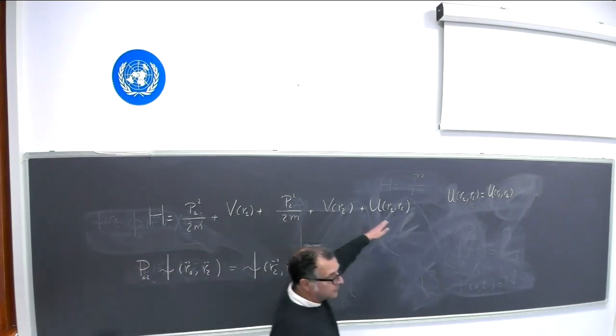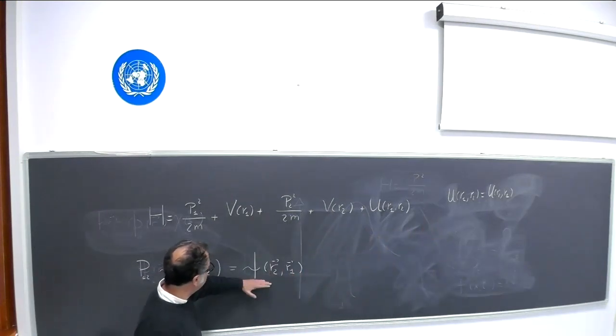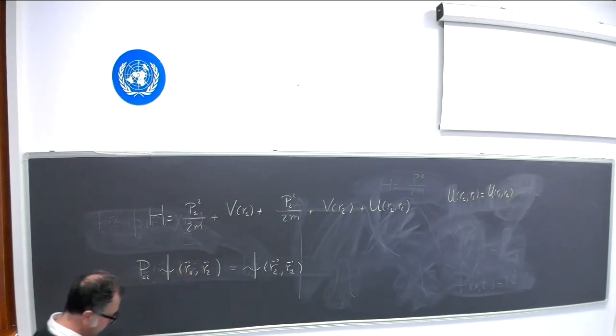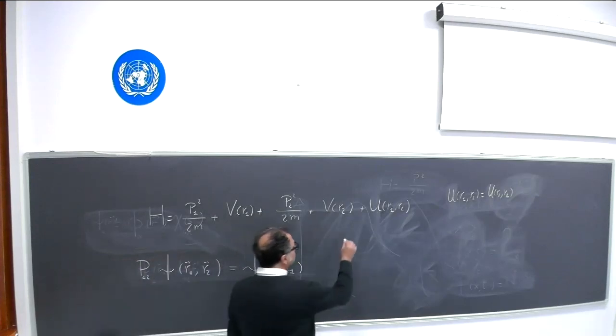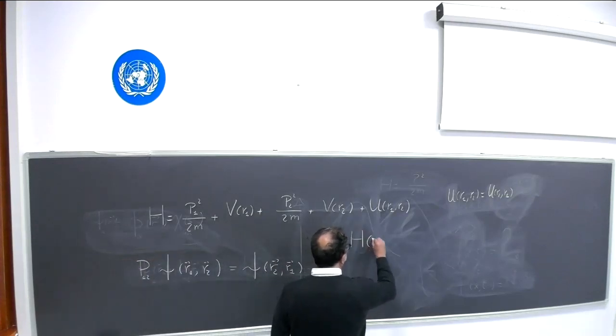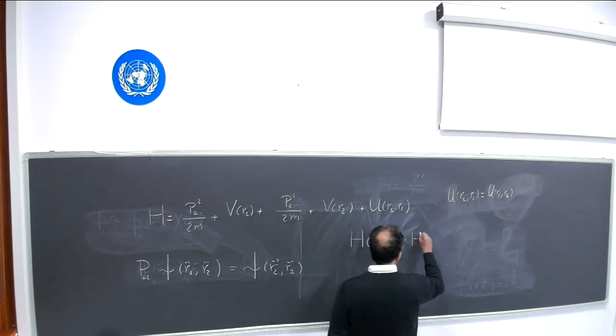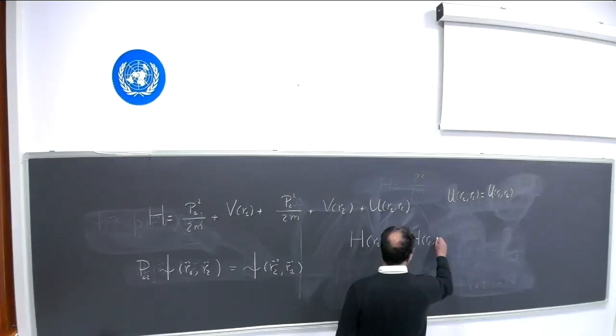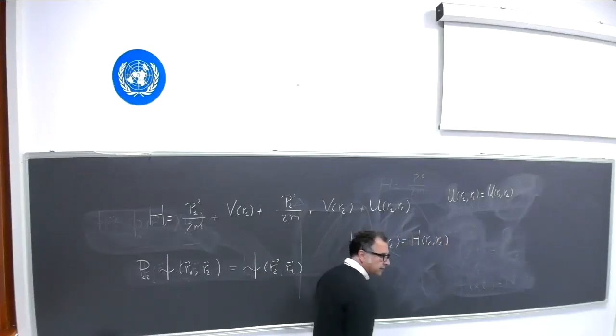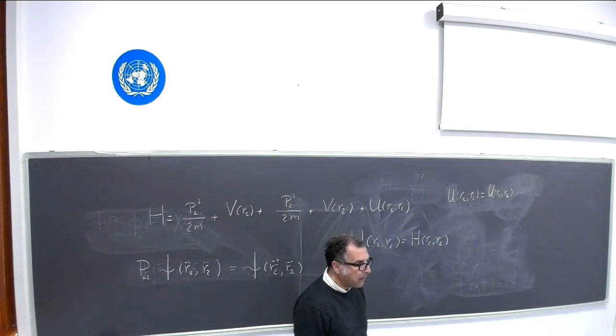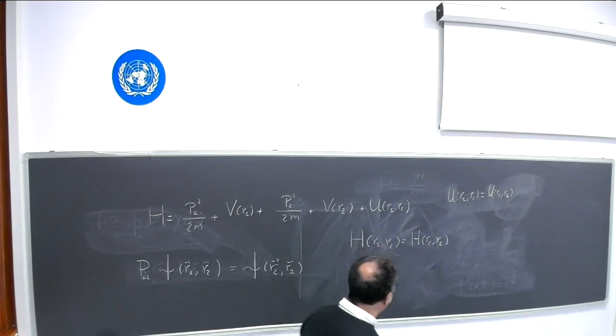All these are vectors, I will not write it explicitly. Now, you agree with me that H(R1, R2) is equal to H(R2, R1), right? In this example I'm taking.